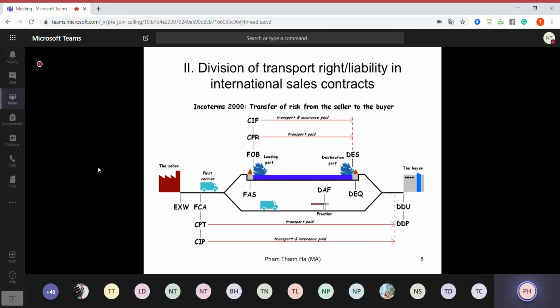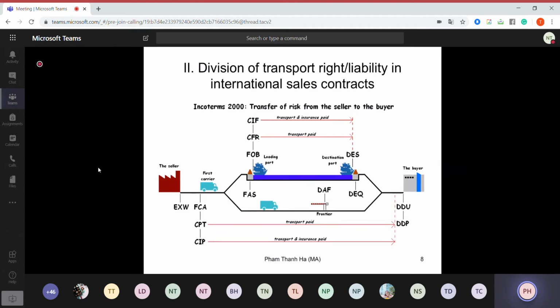What I mean is, before Incoterms 2010, for example Incoterms 2000, instead of using the term on board of the vessels, the seller had to pass the goods over the ship's rail.